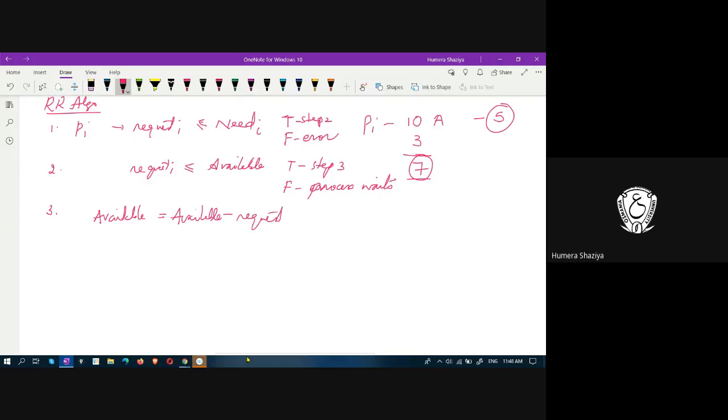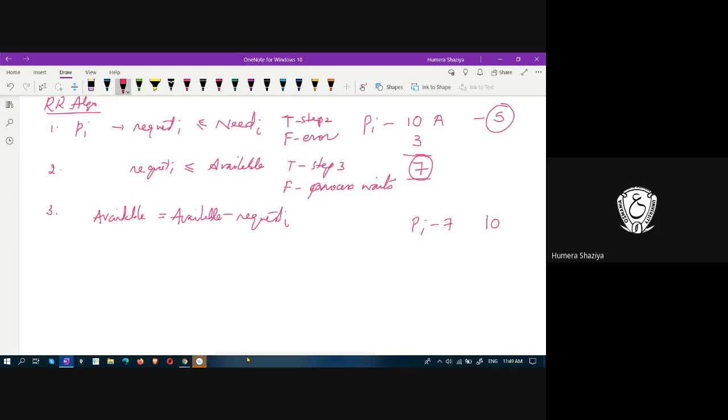Now consider that P1 is requesting for 7 instances of a resource, and there are 10 available instances of a resource. Available is equal to 10 and request made by process is 7.